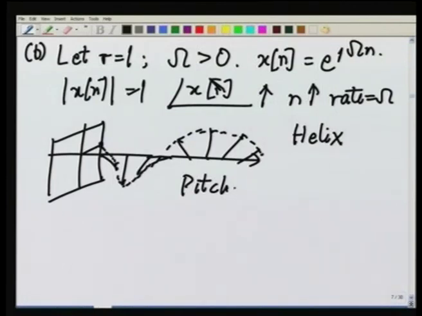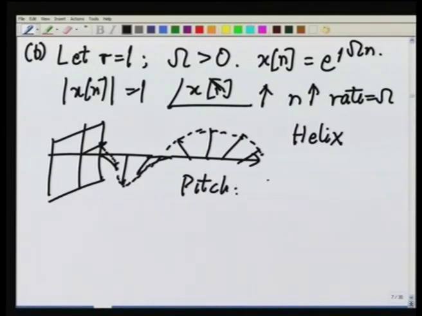The pitch of the helix would be the distance from a particular point where it takes a specific value to the next point where it takes the same value, where the phase is the same as at the previous point. That is the pitch. How does it relate to omega?